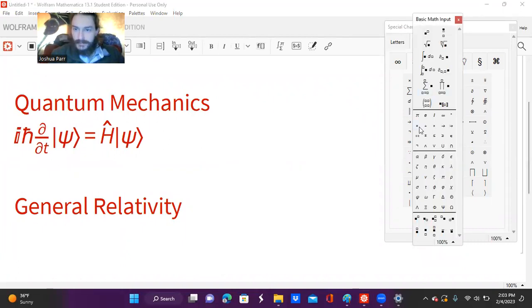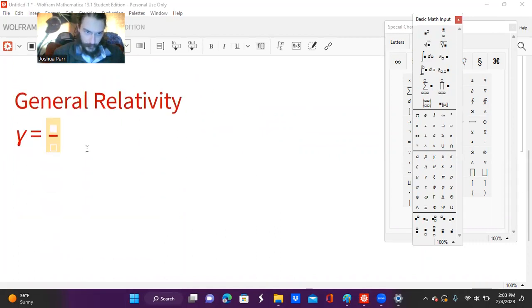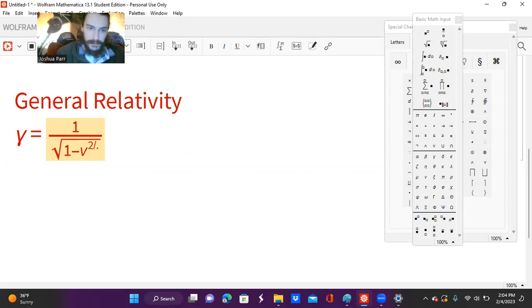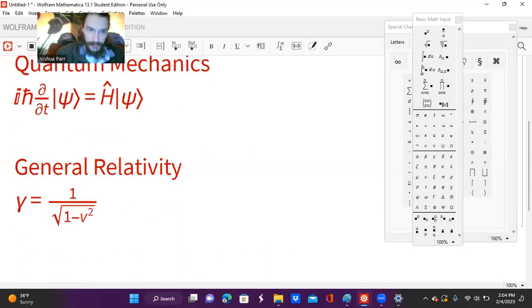And I'm going to write out a simple gamma equals 1 over the root of 1 minus v squared over c squared.